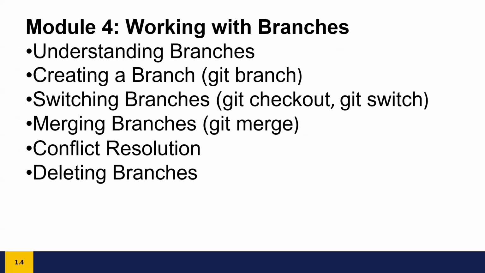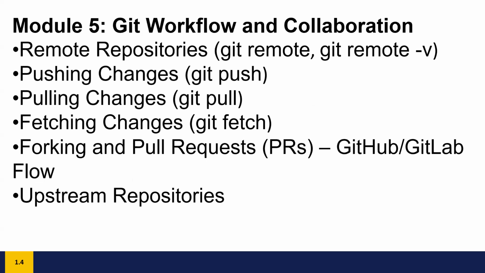Working with branches: understanding, creating, switching, merging a branch, conflict resolution, deleting branches. We'll discuss Git workflow and collaboration, remote branches, how we can push, pull and fetch the code, forking, pull request.